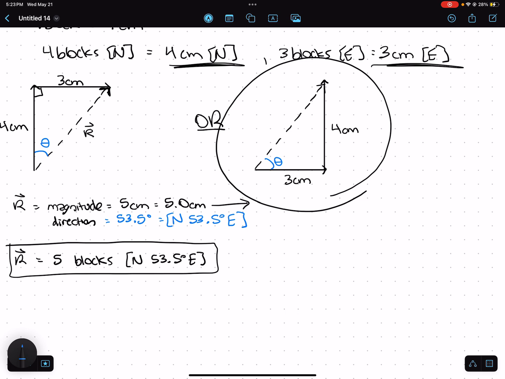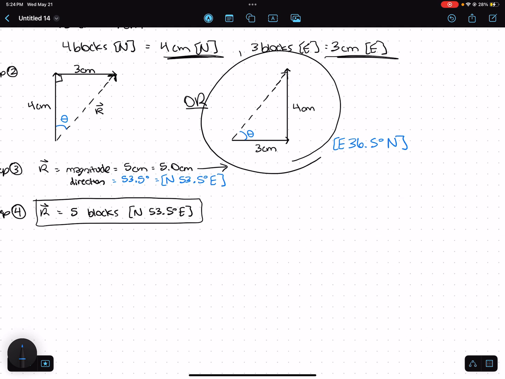Oh, let me do some math here. I can't do this in my head. 53.5. Our angle would be east 36.5 degrees north. That would still be correct.